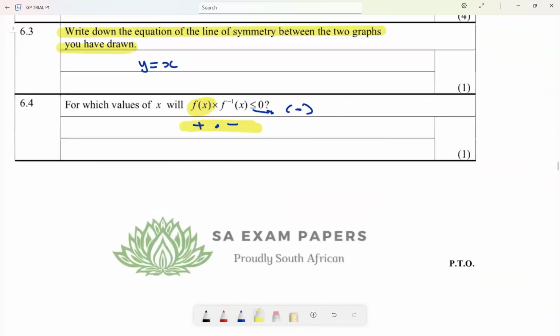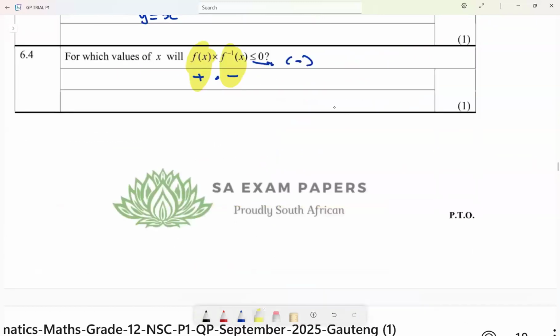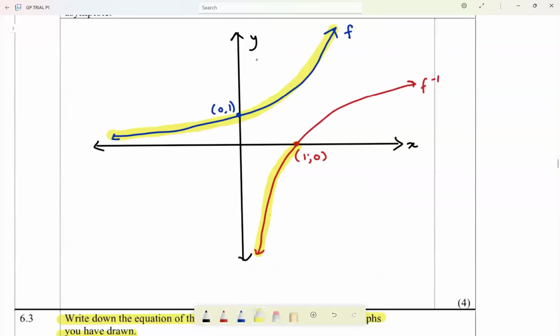Then we want where f is positive and where the inverse is negative. The inverse is negative from 0 all the way to 1. So the question is, when do the plus of f and the minus of the inverse occur at the same time?